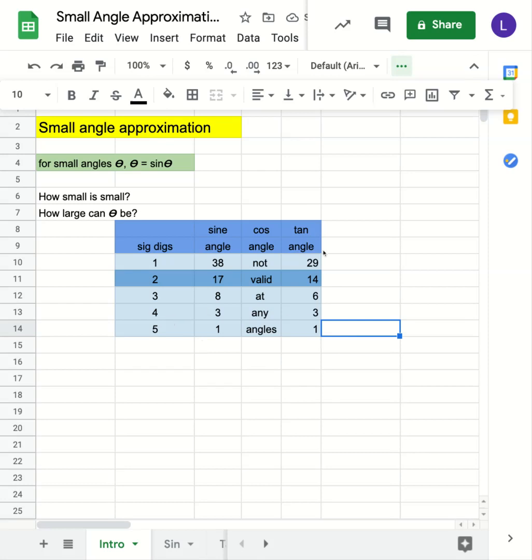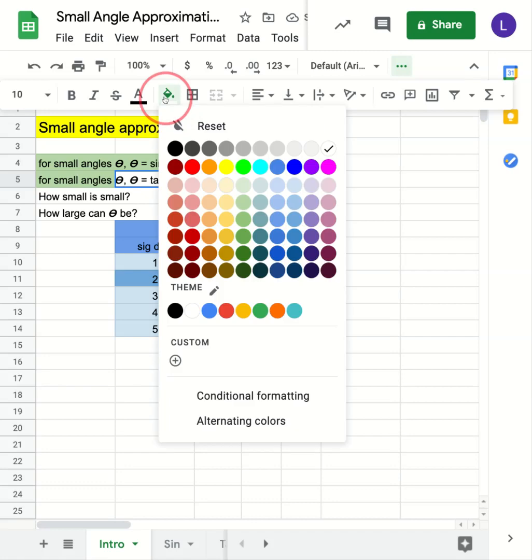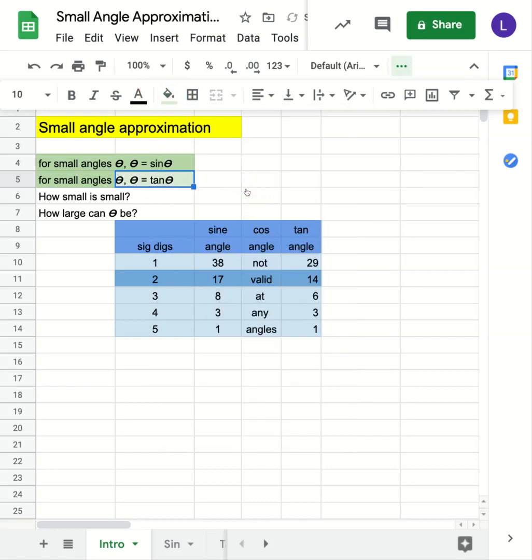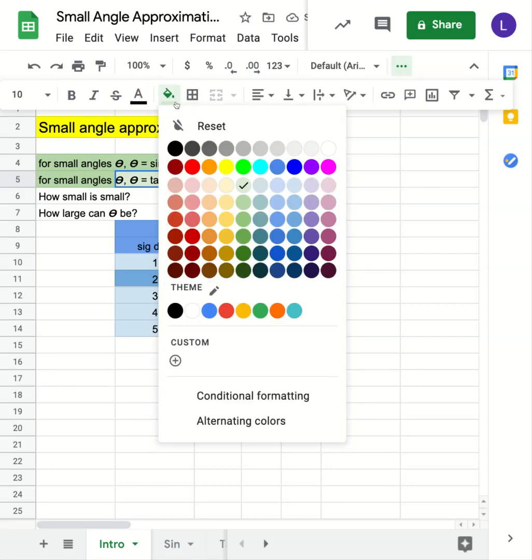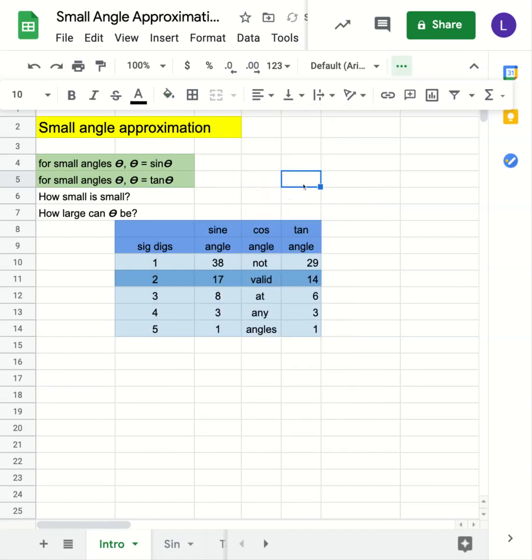So this is pretty shocking: the small angle approximation is not only for small angles of theta, theta equals sine theta, but for small angles theta, theta equals tan theta. Which is a wonderfully surprising result and a fabulous tool for us to use, should we need it. In our next installment, we're going to continue our discussion about simple harmonic motion and determine whether particular phenomena do obey simple harmonic motion.